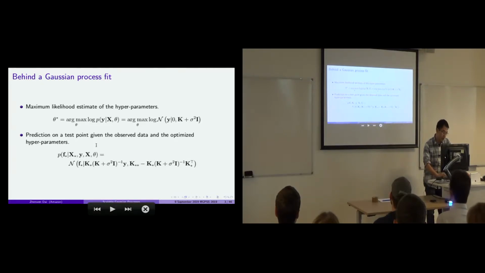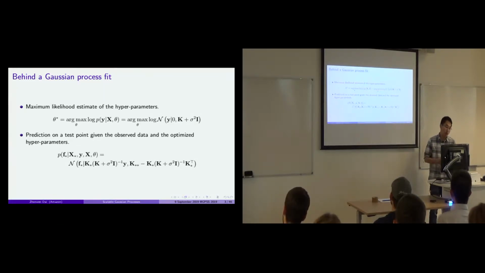Another thing you would do with a Gaussian process, after finding a set of meaningful hyperparameters, is to get the predictions of your model given the observed data.